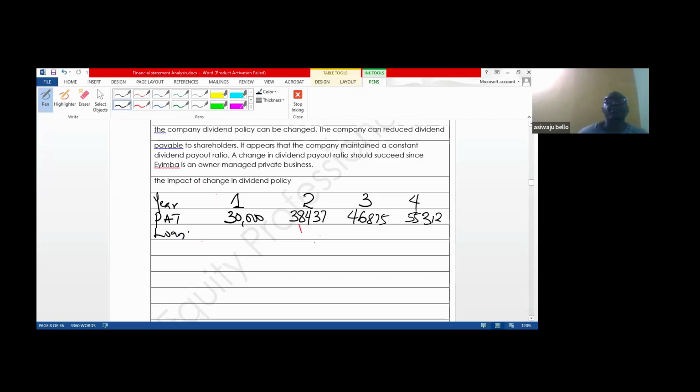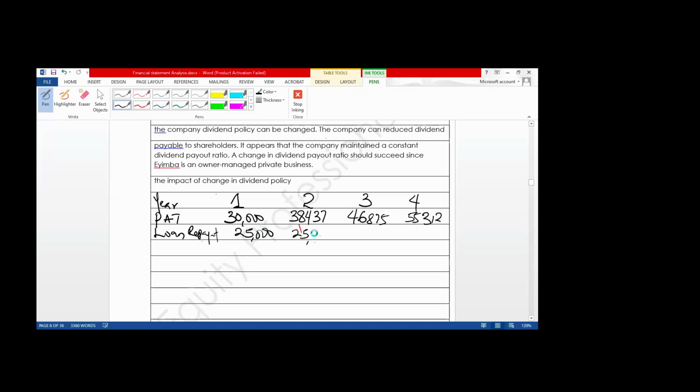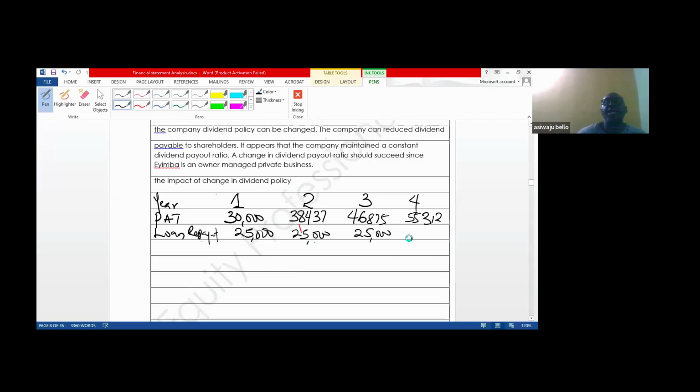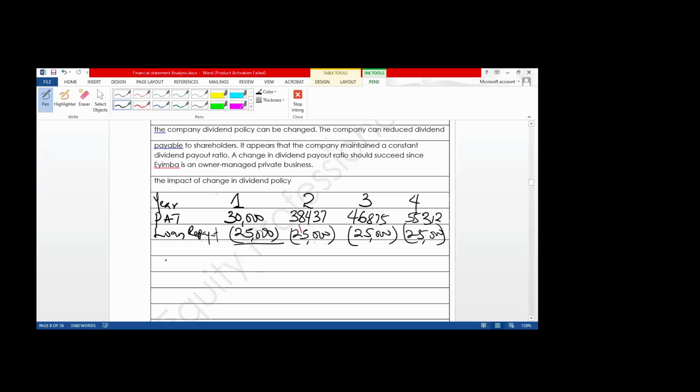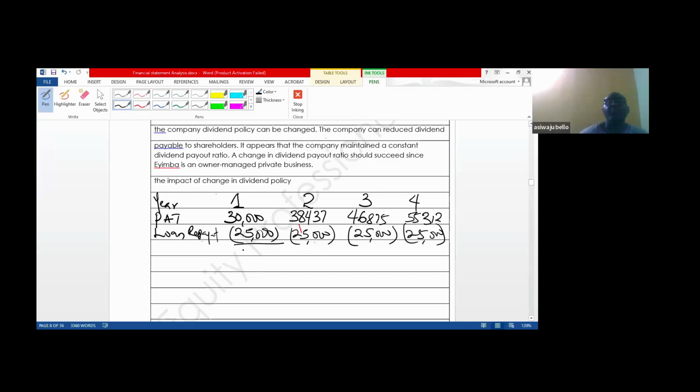Loan repayments, 25,000 to be repaid here yearly. 25,000 here. 25,000 here. 25,000 here. We are going to repay the loan first before paying dividend to shareholders. Balance, the difference.